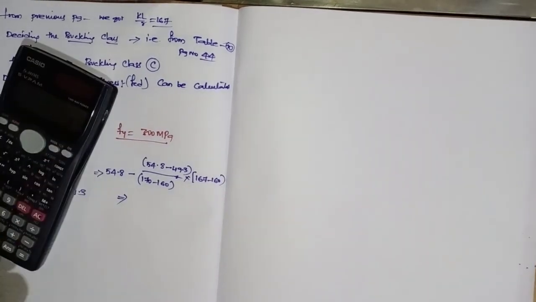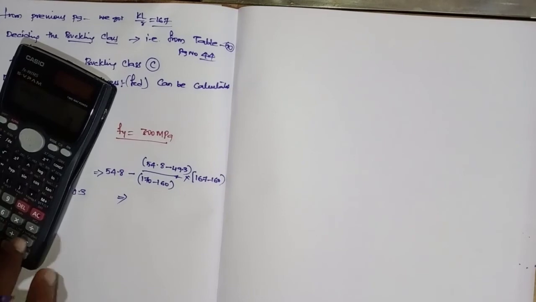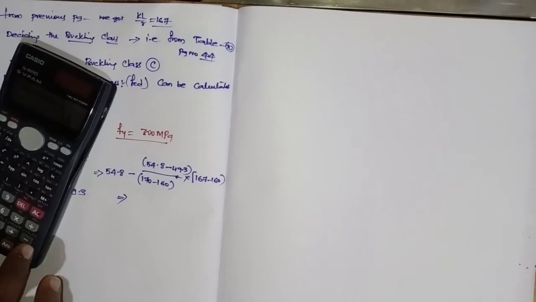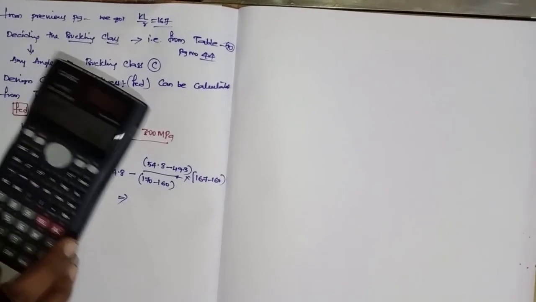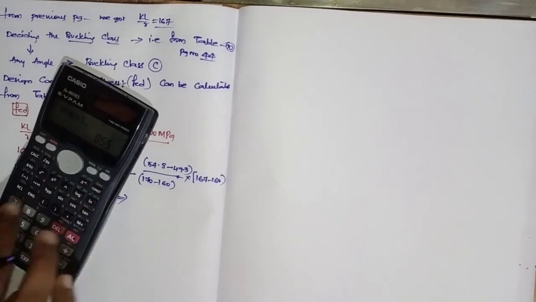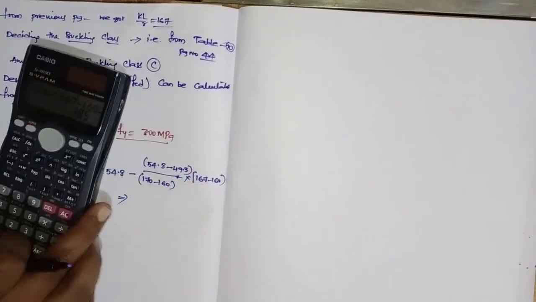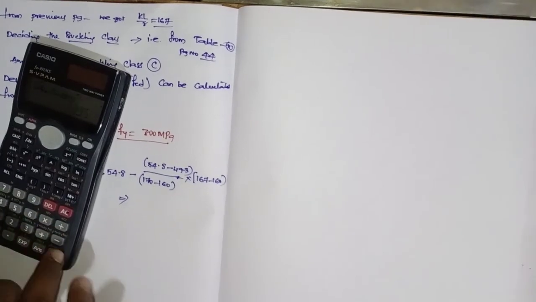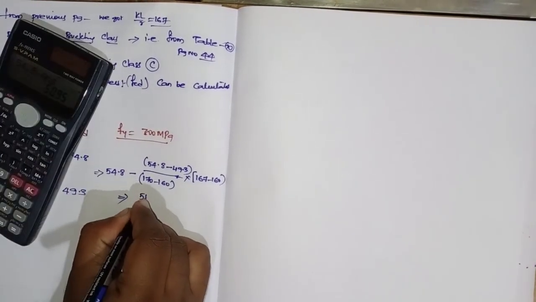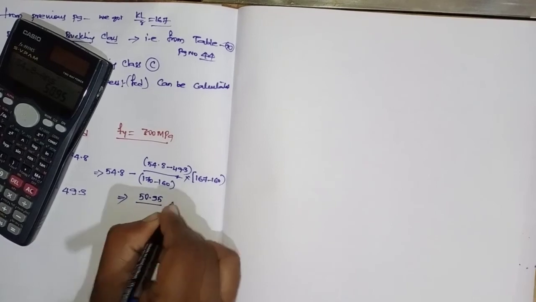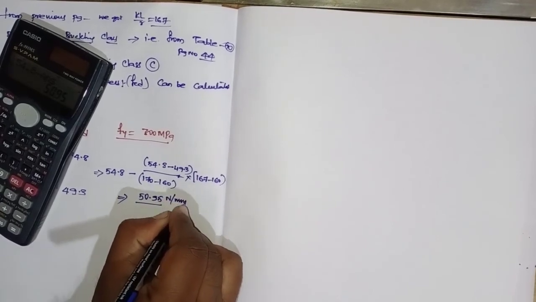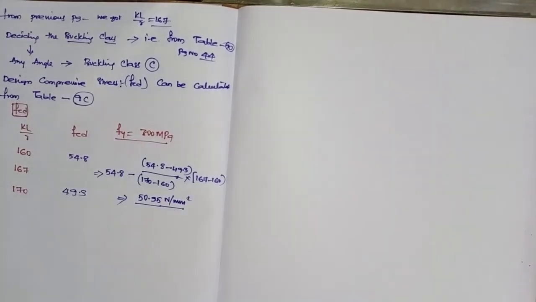So 54.8 minus the answer, and you got 50.95 Newton per mm square.